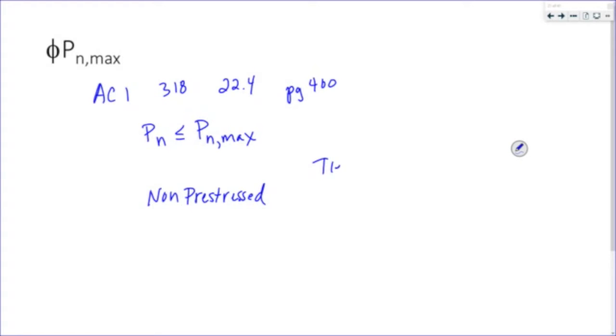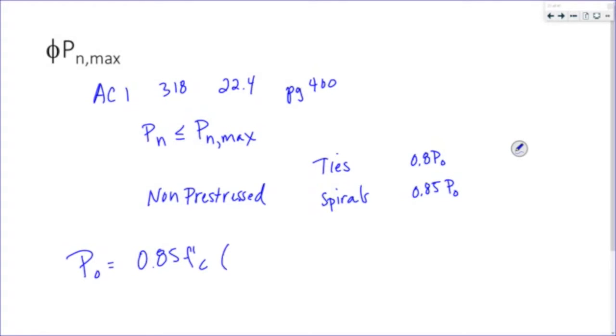If we have ties, 0.8 PO, spirals, 0.85 PO, where PO was that 0.85 f'c times your area of concrete, Ag minus Ast, plus your yielding of your steel.